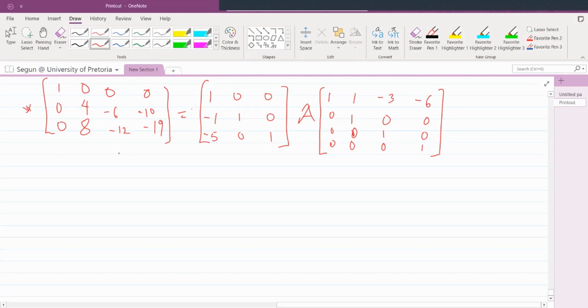If you check very well, the column 2, how can we make column 2? Remember, this is where we are going.